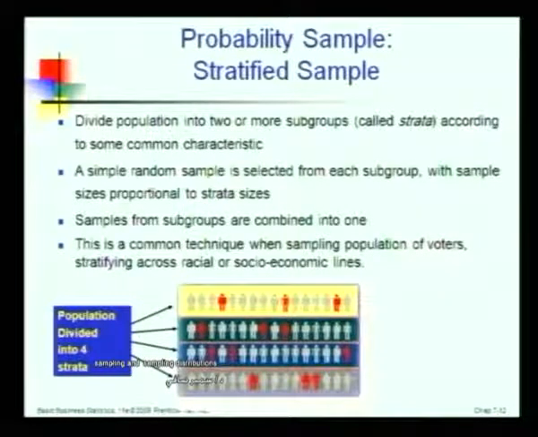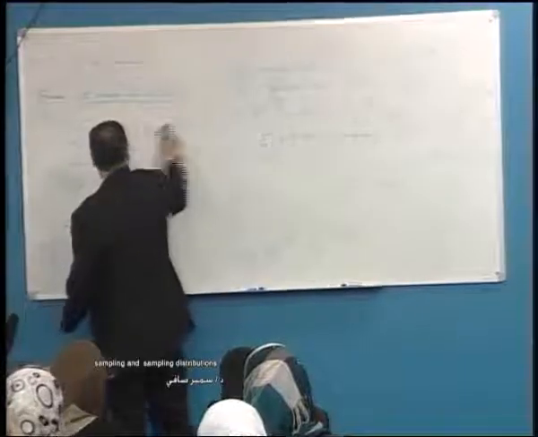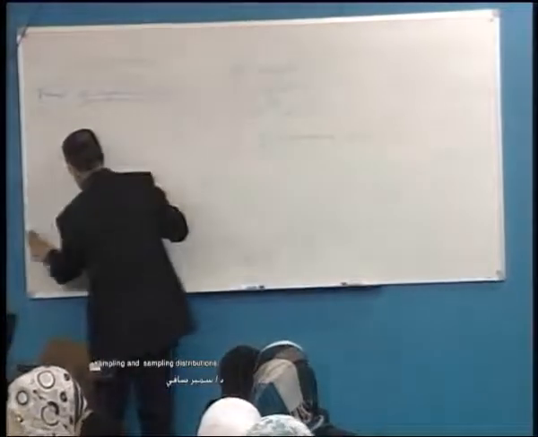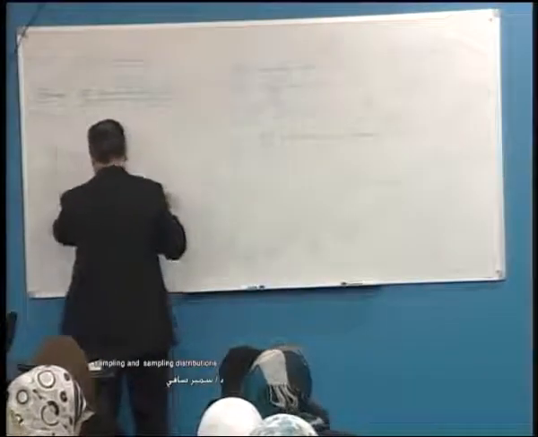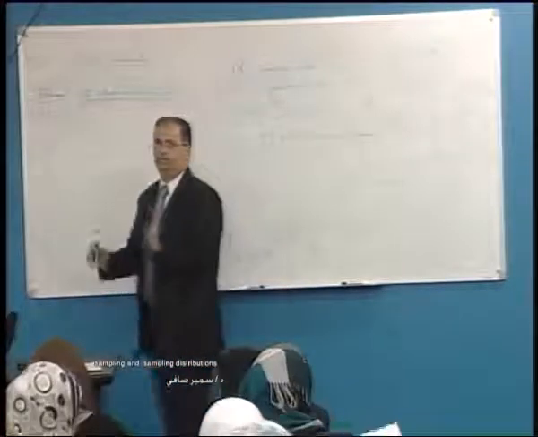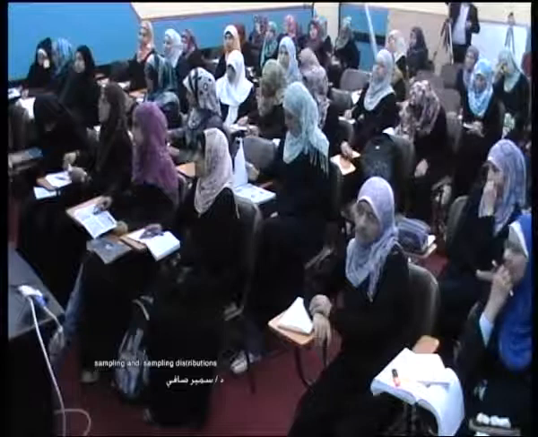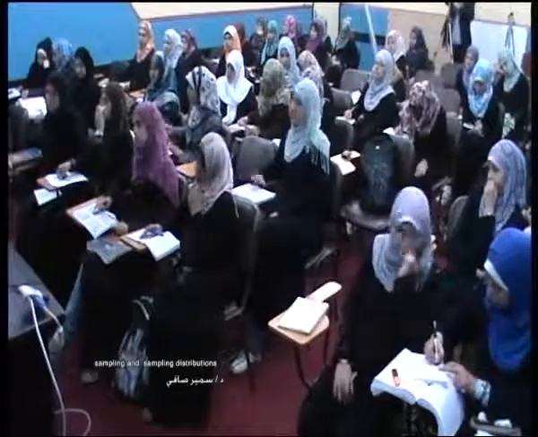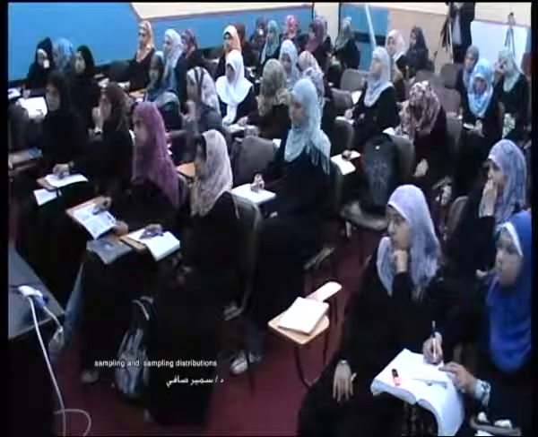Another example. Suppose again we are talking about all IUB students. Here I divided the population according to the students' levels.